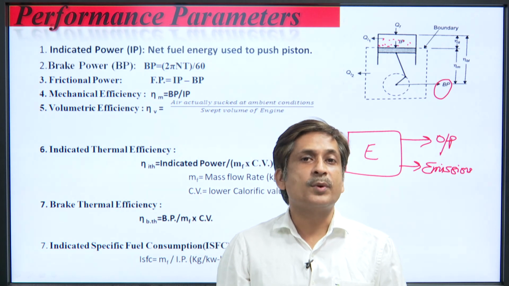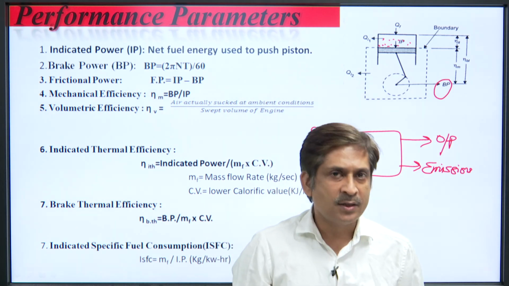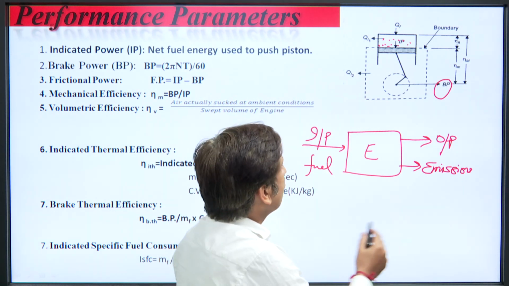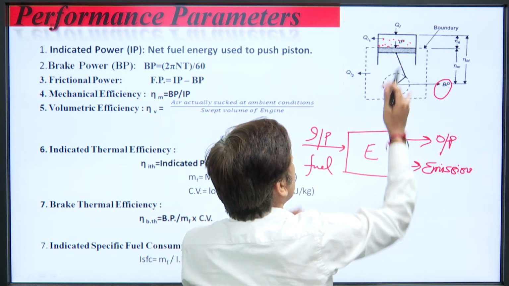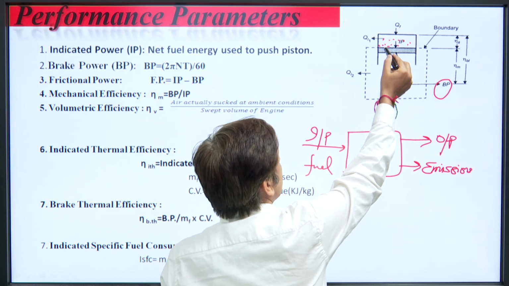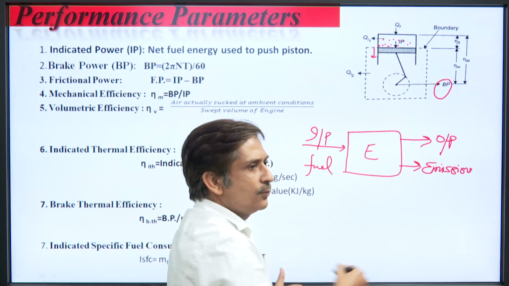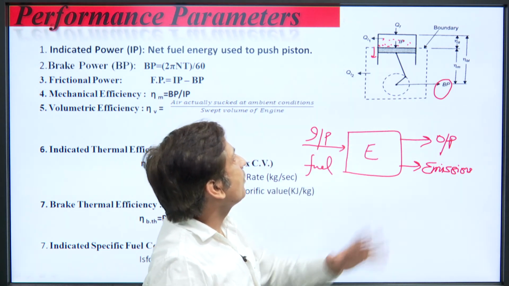The remaining 60%, 70% goes in other directions. When fuel is burned, we get expansion. With the help of the expansion, the piston moves, and the reciprocating motion in a reciprocating engine is converted into rotary motion, and we finally get the brake power.